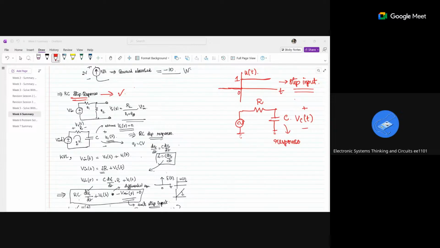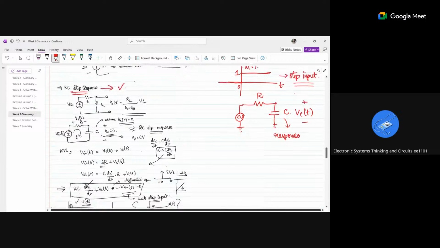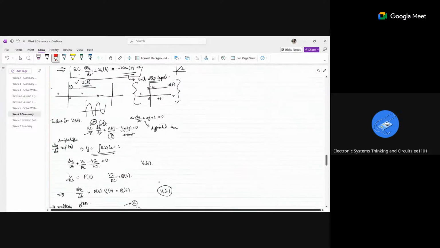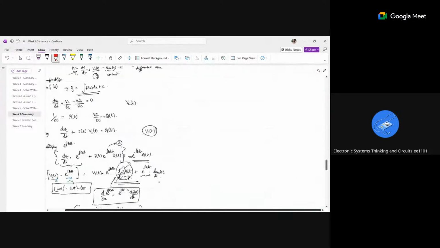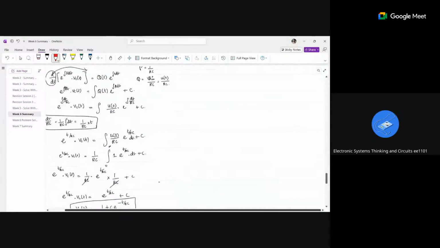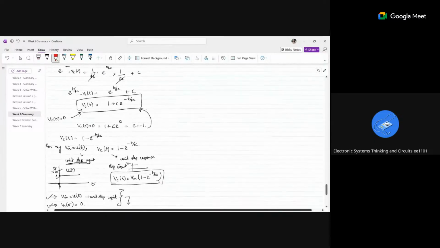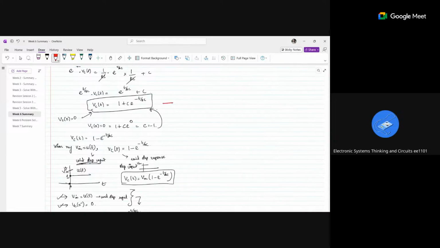See, wait. In the derivation, we found the equation and applied the initial condition. Here we had taken Vc of 0 equal to 0. But in this question, they have given Vc of 0 equal to 2.5 volt.